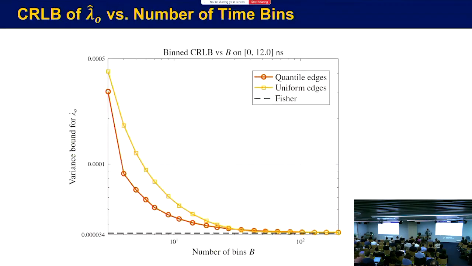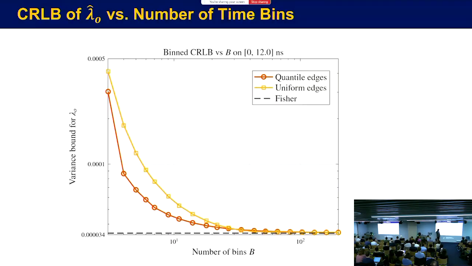Of course, this model allows us to calculate how many time frames we need. This is a Cramér-Rao lower bound, and the horizontal line at the bottom is the continuous, least squares likelihood Cramér-Rao lower bound. The two curves show, as a function of the number of bins, what variance we can achieve.